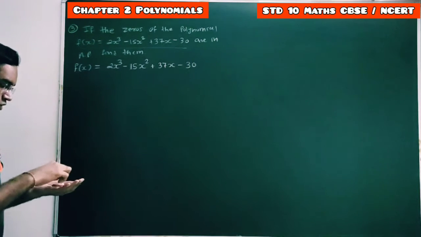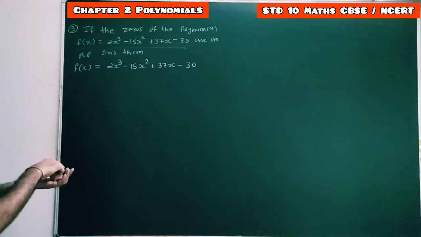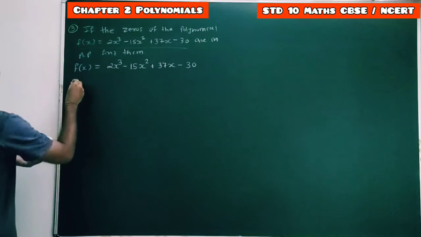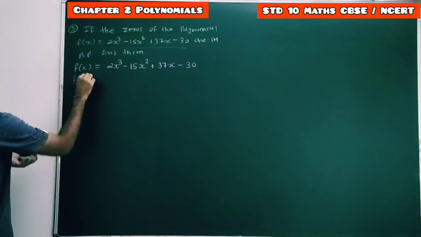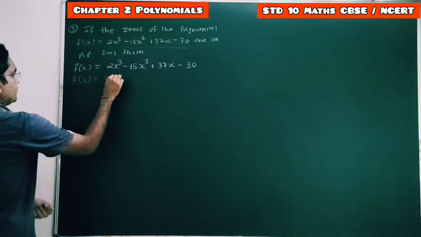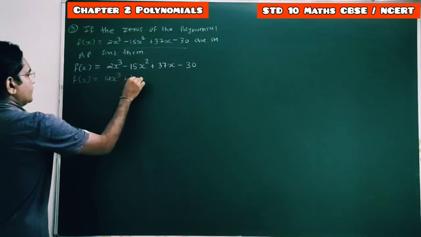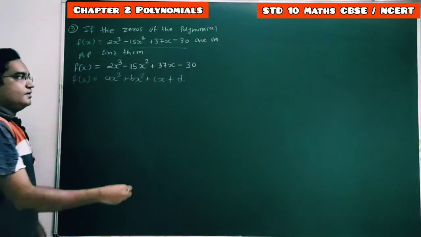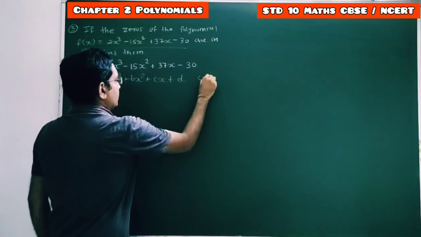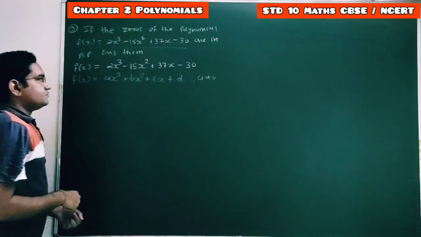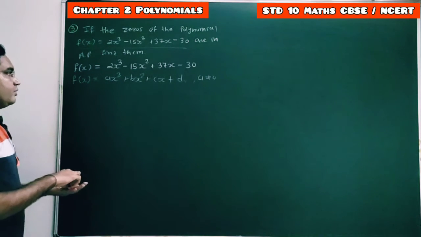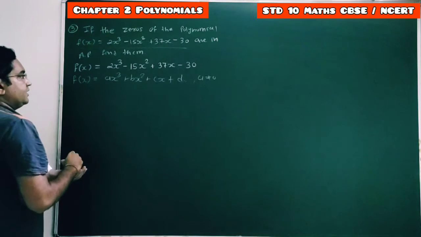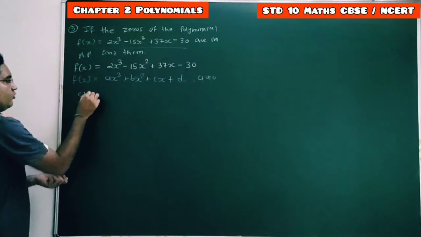Now we are comparing this given cubic polynomial with the standard form of a cubic polynomial. Standard form is ax cube plus bx square plus cx plus d. Condition is a is not equal to 0.